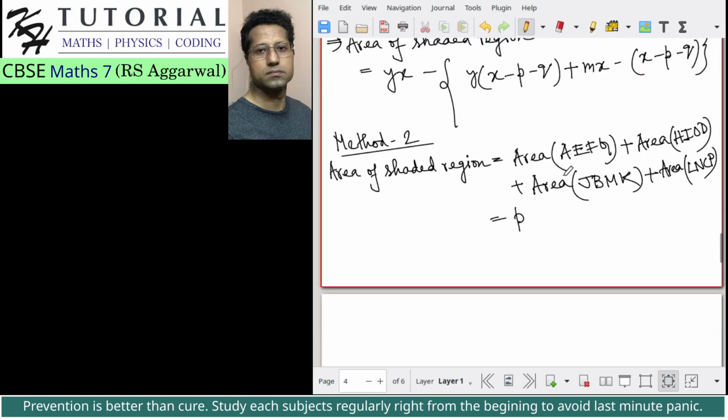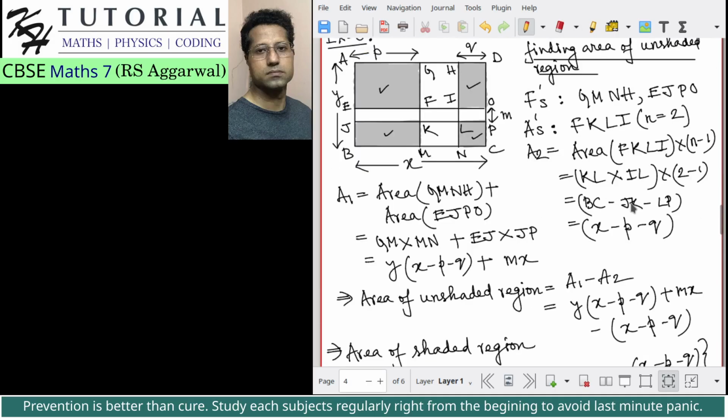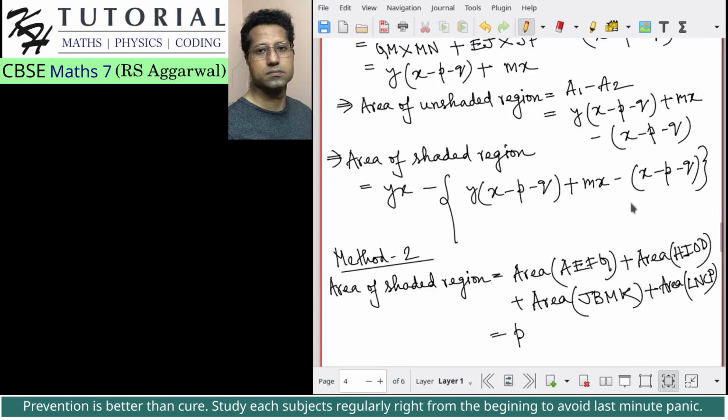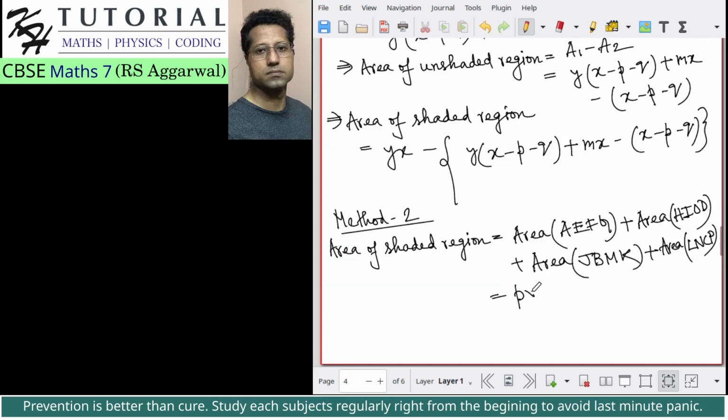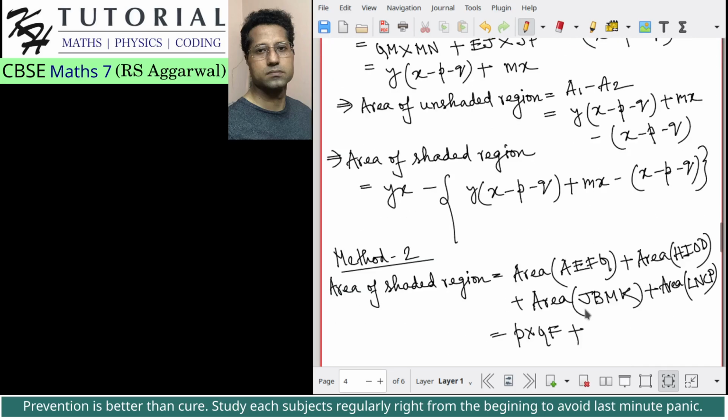So we have the area of AEFG. The length is P, multiplied by the width GF. We don't know as of yet what GF will be, so I'm just keeping it like that. What is the area of HIOD? The width is Q, and the length I also do not know.